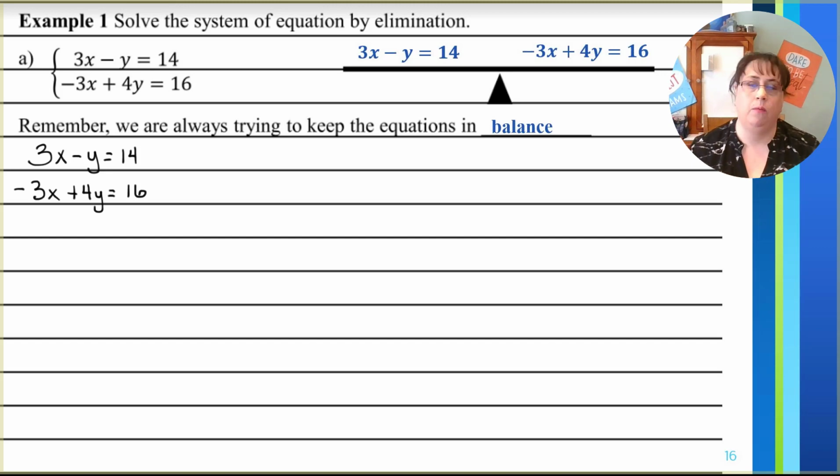We're going to think about how we used to add and subtract when we stacked numbers one on top of the other and what gives us zeros. So let's look at our y's and let's look at our x's. Is there anything there that if we added them together it goes to 0? So negative y plus 4y, that's not 0. But 3x minus 3x, that is 0.